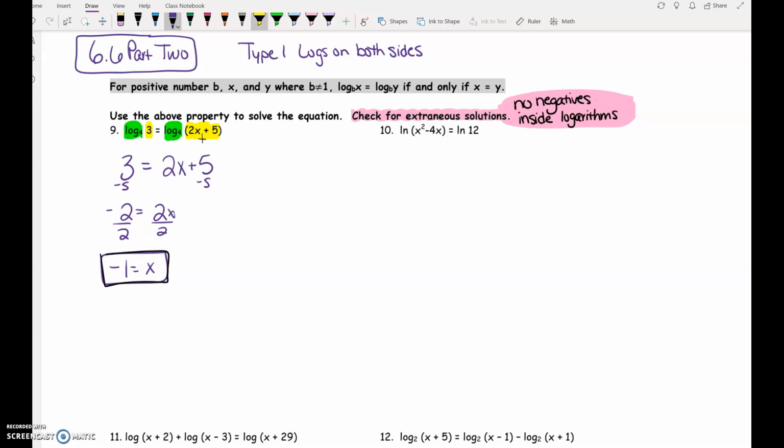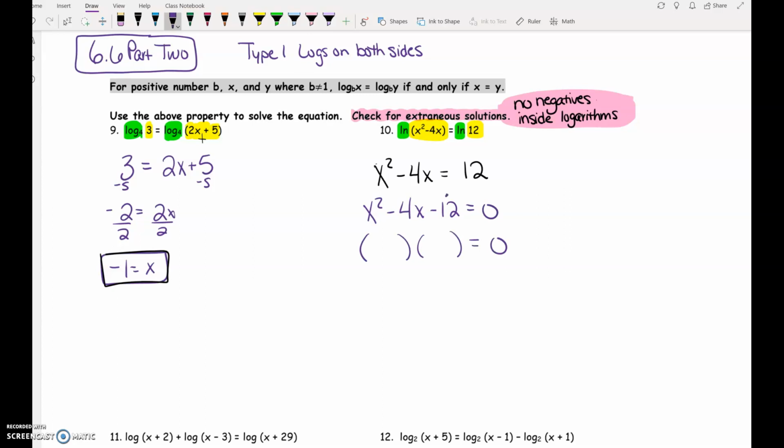Number 10, we've got ln of stuff equals ln of other stuff. So stuff equals other stuff. Now this one's a little tricky because they stuck in here an x squared. Anytime you have x squared and x, you need to get one side equal to 0 so that you can factor and solve.